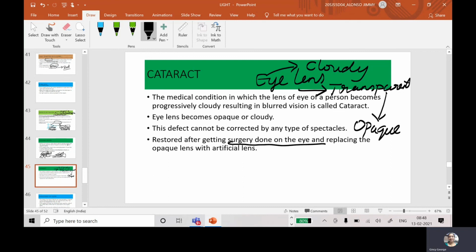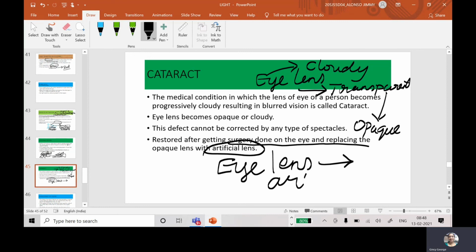So how can you rectify this issue? By doing surgery. You would have heard about eye operation. What is eye operation? Changing the eye lens. The eye lens which is having this blurred vision or looking cloudy or opaque is replaced with an artificial lens, so that the artificial lens works like the normal eye lens and makes the vision possible.